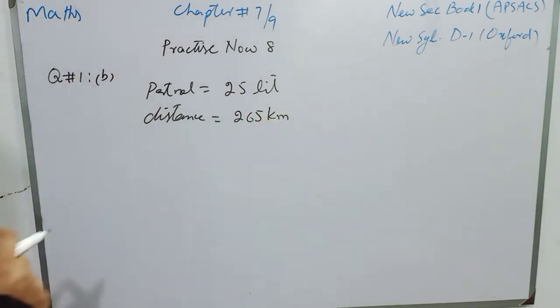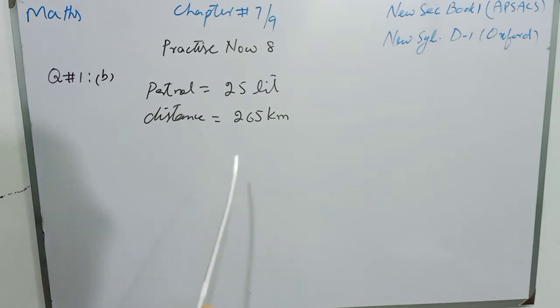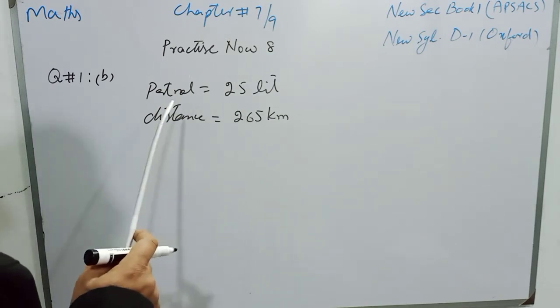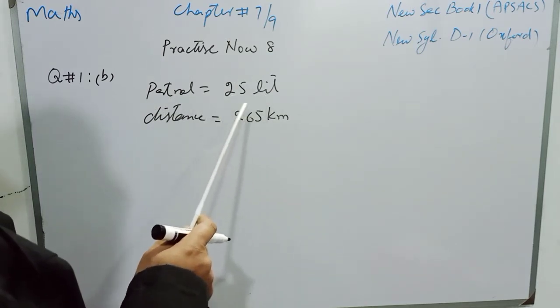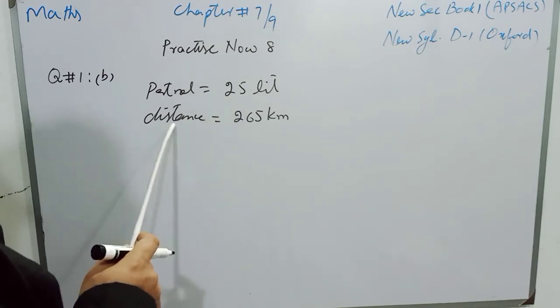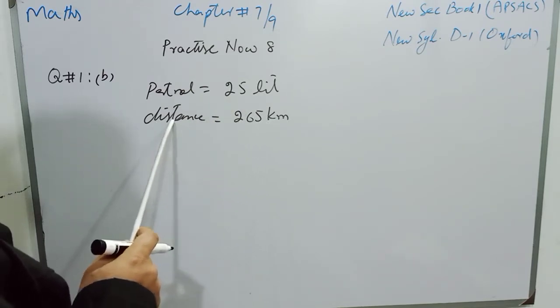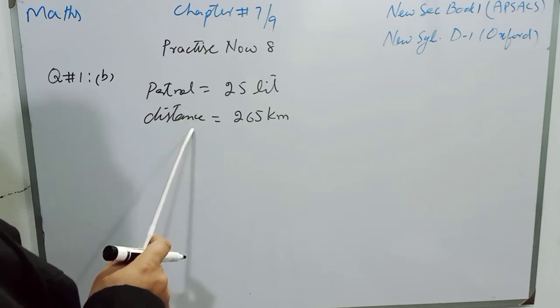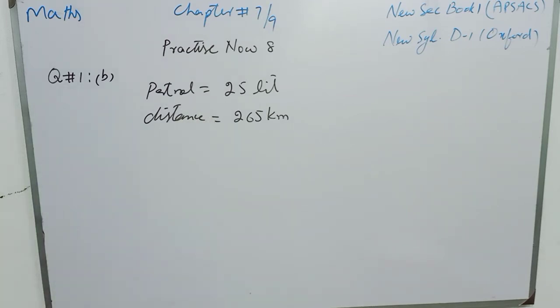So students, we will find how many kilometers the car will travel in 1 liter. In 25 liters, 265 kilometers is traveled, and we have to find the distance that is covered in 1 liter.